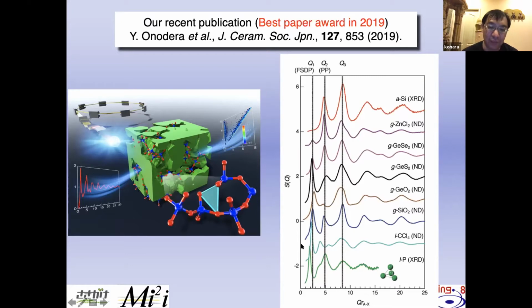Nevertheless, we can observe a first sharp diffraction peak. So from this figure, we can reasonably conclude that the first sharp diffraction peak is not a signature of a network. Silica and germania are network forming materials, but carbon tetrachloride and phosphorus are isolated molecular liquids, and we can still observe a first sharp diffraction peak. This is a very important comparison.